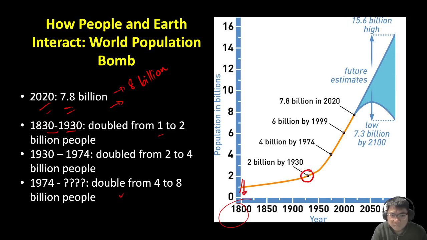So we have 1 billion to 2 billion by 1930, and then from 1930 it actually grows exponentially all the way to 4 billion in 1974. All right, and then it becomes steady, and then 7.8 billion eventually in 2020. And as I mentioned earlier, I'm pretty sure this year's population has reached almost 8 billion, or maybe more.